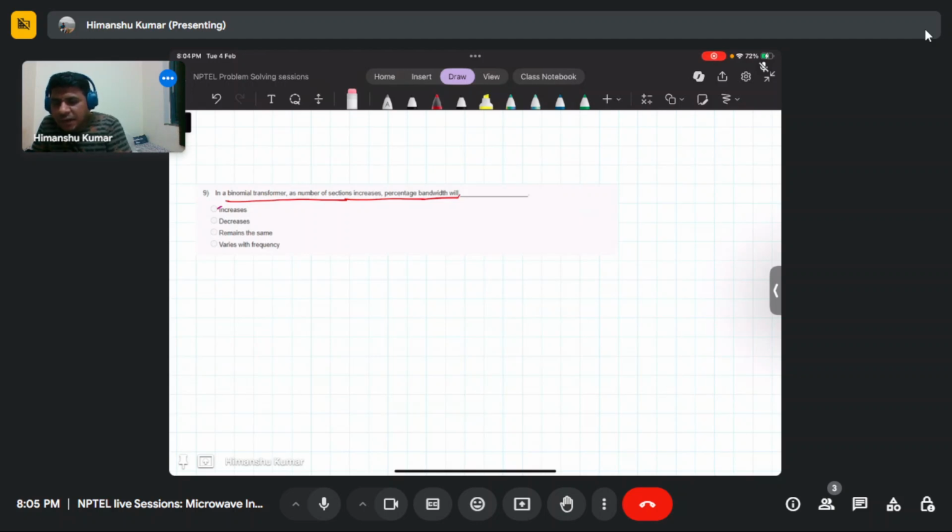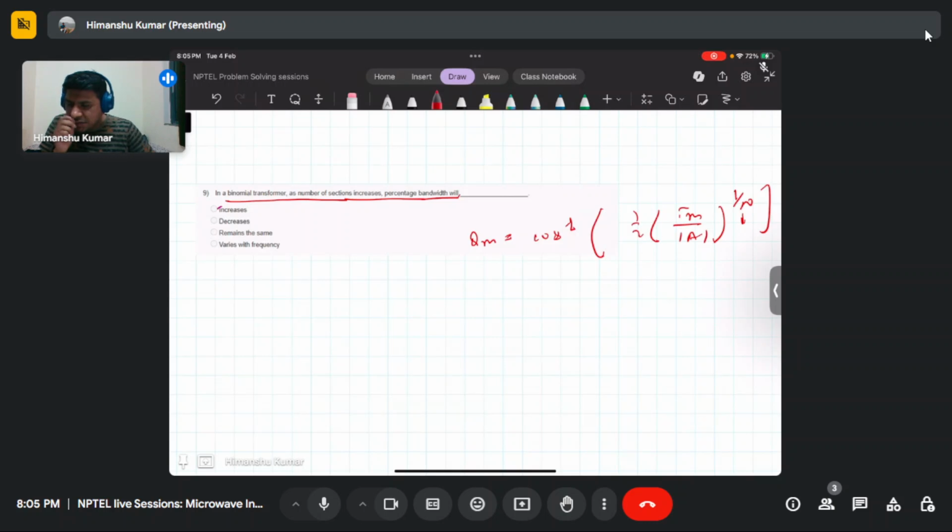Theta m in the binomial transformer is given as theta m equals cos inverse of half of gamma m divided by mod of A, raised to the power 1 by N. Now if you increase N, this term will become lower and lower.